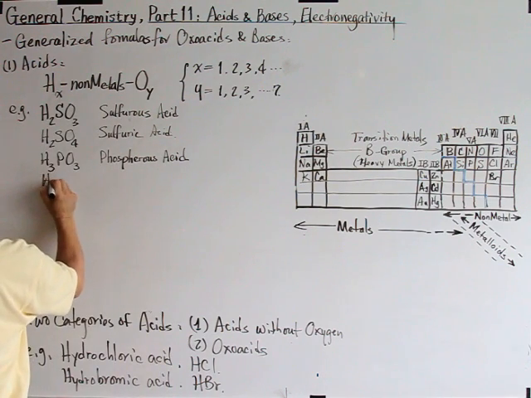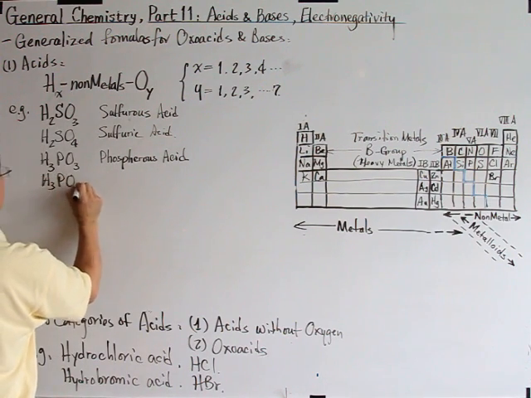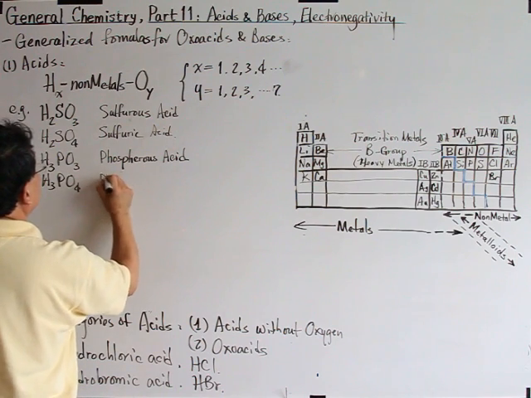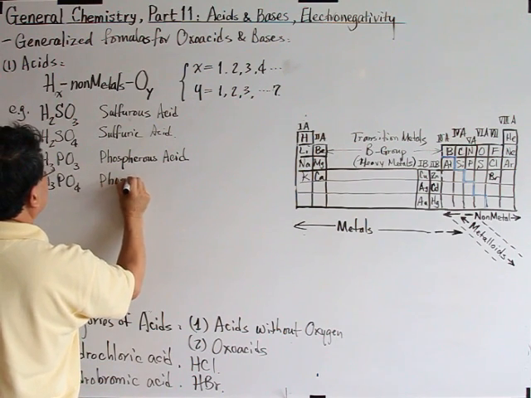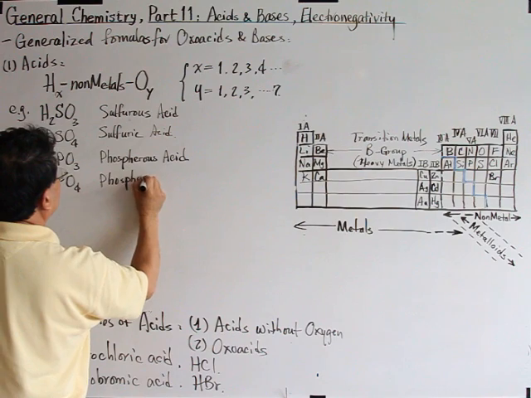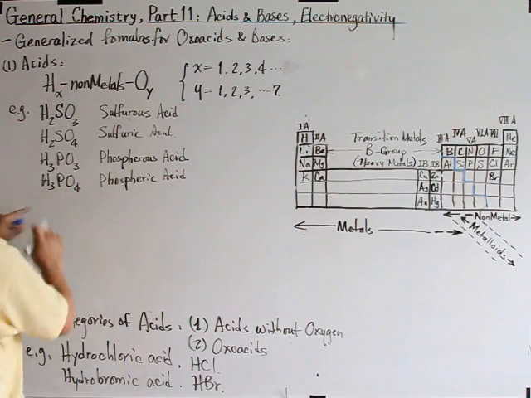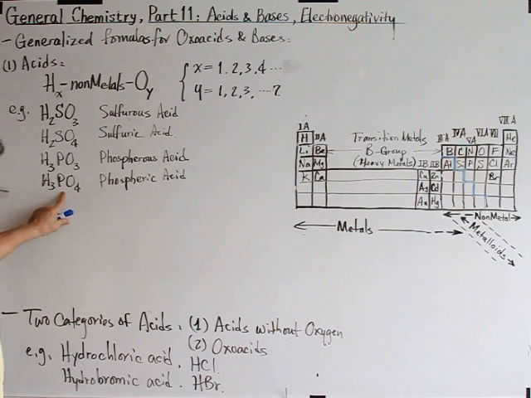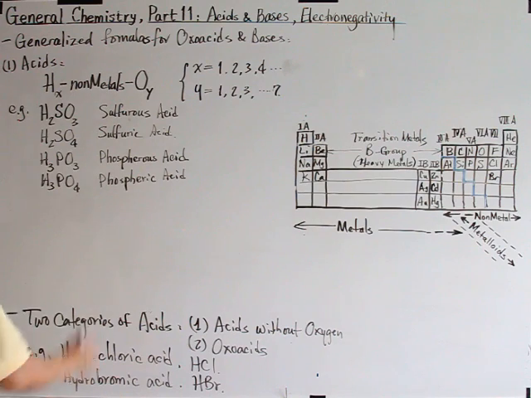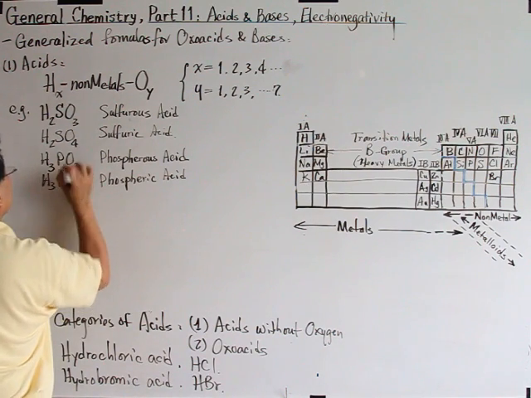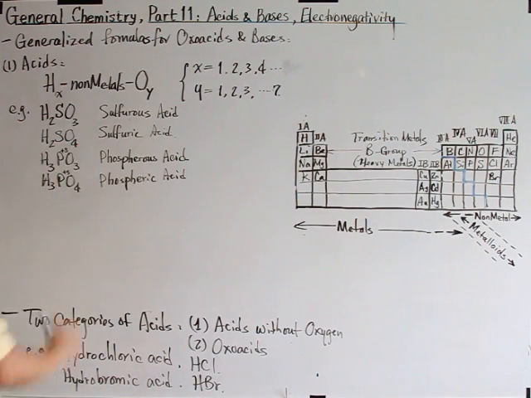And then H3PO4, we say phosphoric acid, because this is the higher oxidation state for P, which is plus 5. This one is plus 3, and you put down here, this is plus 3 for the oxidation state of the phosphorus. Alright, clear?